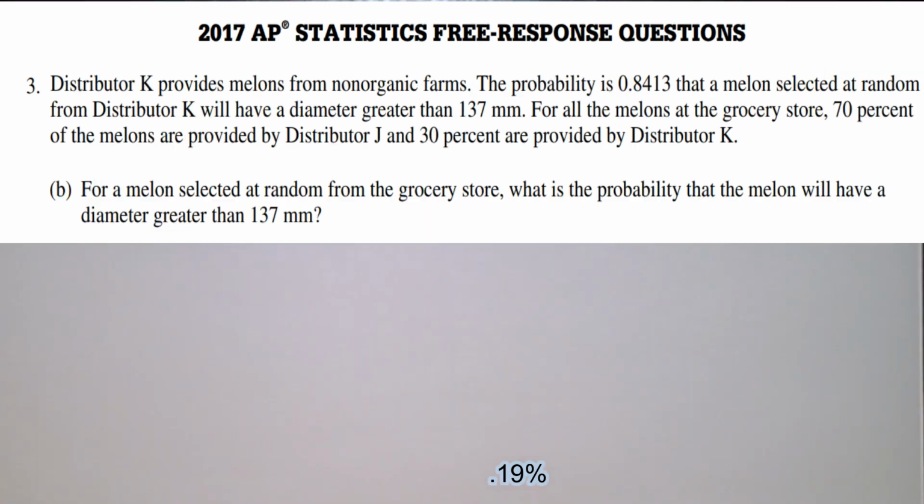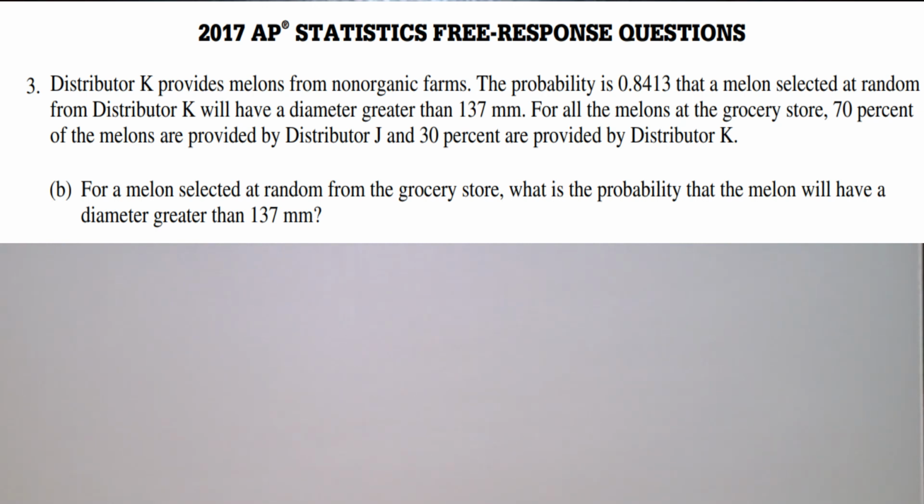Continuing with the information that is provided, it says distributor K provides melon from non-organic farms. The probability is 0.8413 that a melon selected at random from distributor K will have a diameter greater than 137. For all melons at the grocery store, 70% of the melons are provided by distributor J and 30% are provided by distributor K.